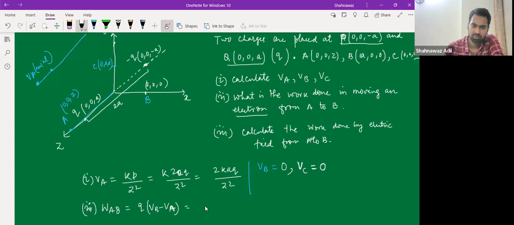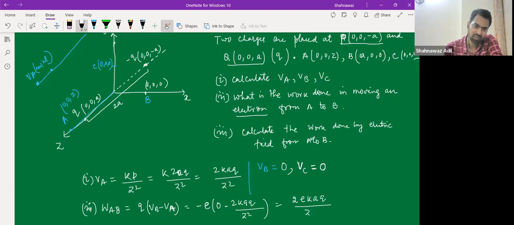Yes, Q is simply minus E, right? And VB is 0 and VA is 2KAQ by Z square. So minus minus becomes plus, and this is 2EKAQ by Z square.